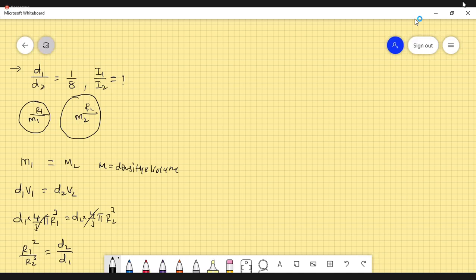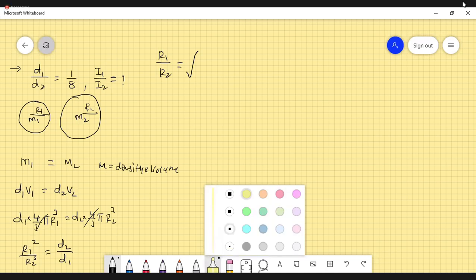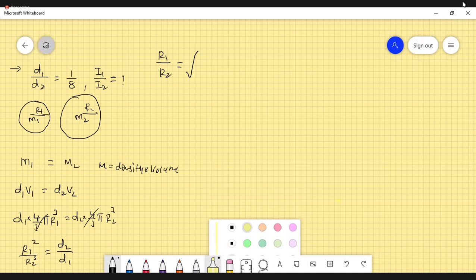So finally, r1 by r2 equals cube root of d2 by d1, that is, d2 by d1 whole power 1 by 3.